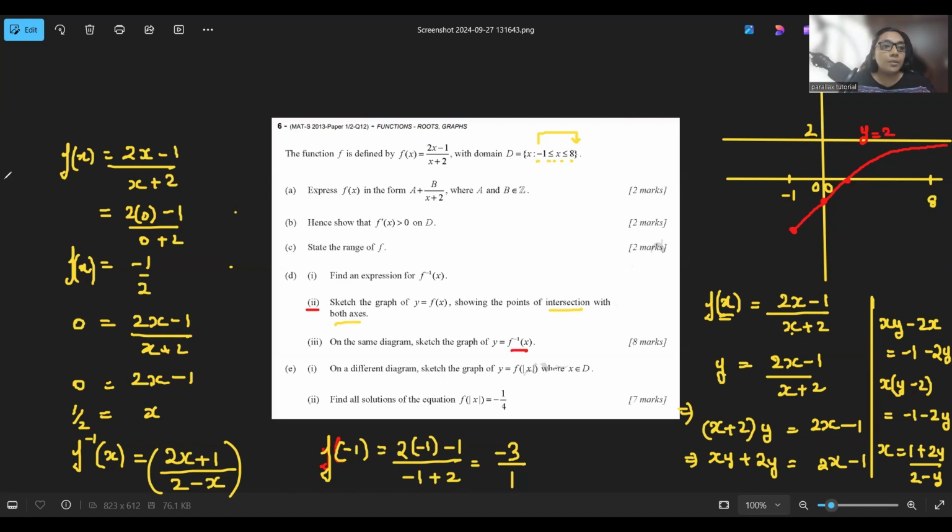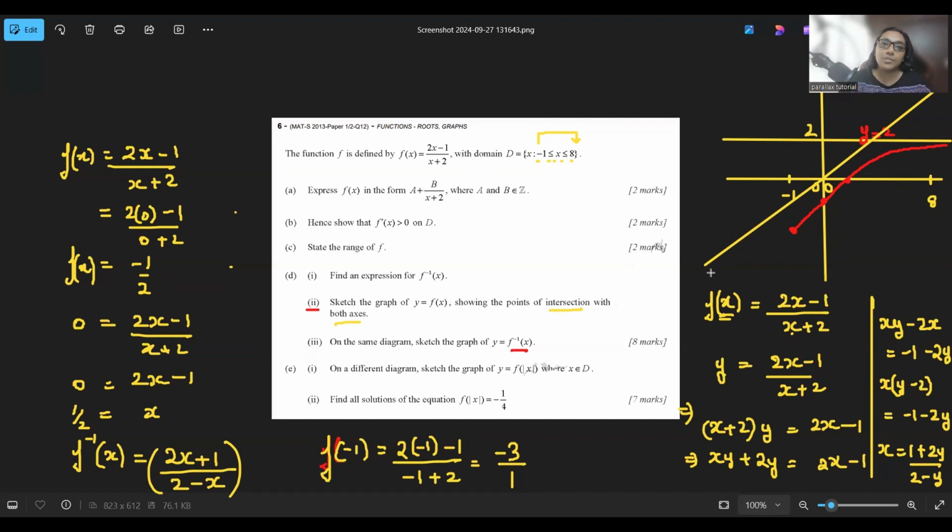So we know that we draw a line which is y is equal to x line. Let's draw that. So this is our y is equal to x line, which means across this line, y values are exactly equal to the x values. Remember, in my previous video, I have mentioned this.